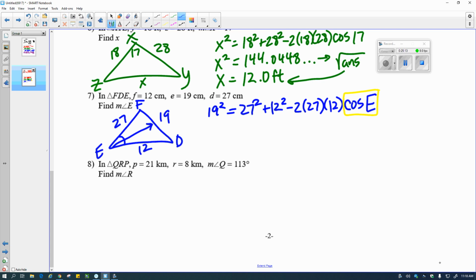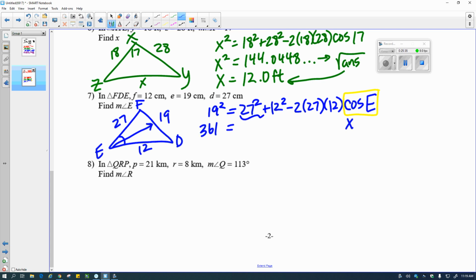That's going to be the variable I'm going to solve for. In fact, I'm going to call it x. And then I'll deal with it in the end. I want this to look as much like algebra as possible. So I'll figure out what 19 squared is. This one I have to do in pieces.